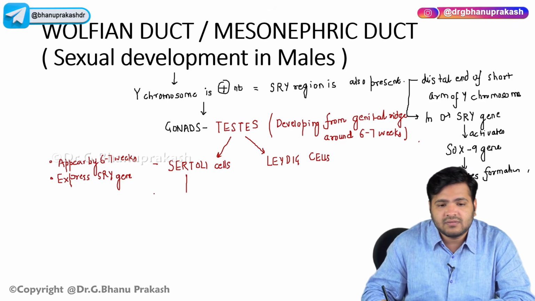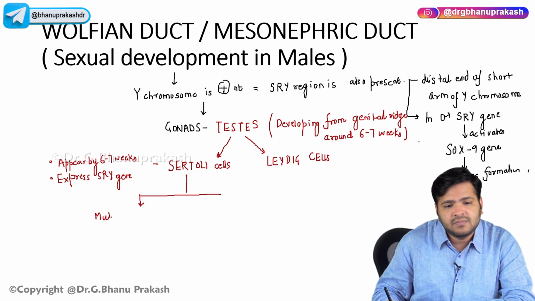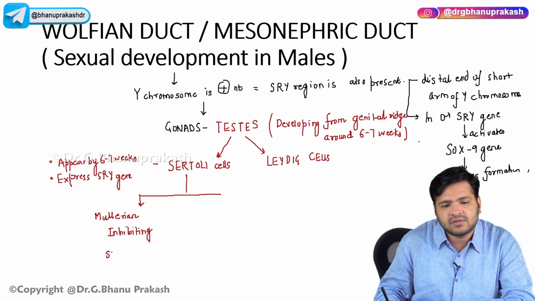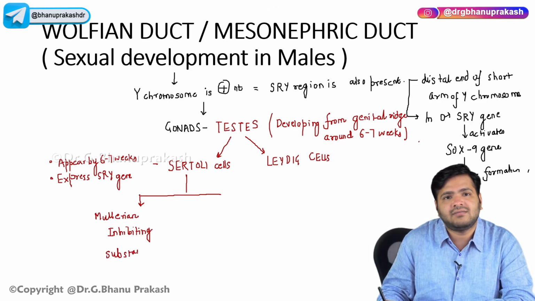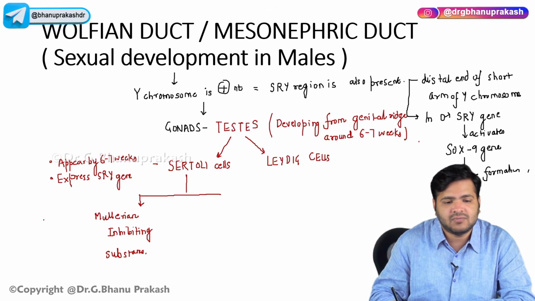This one is called the Müllerian inhibiting substance, also called the anti-Müllerian hormone.